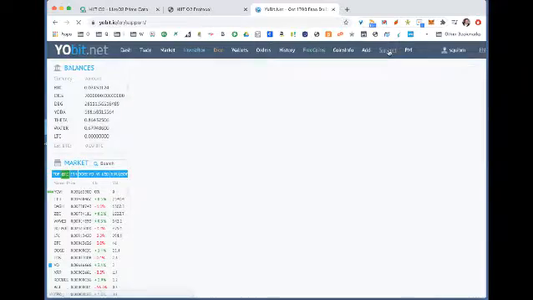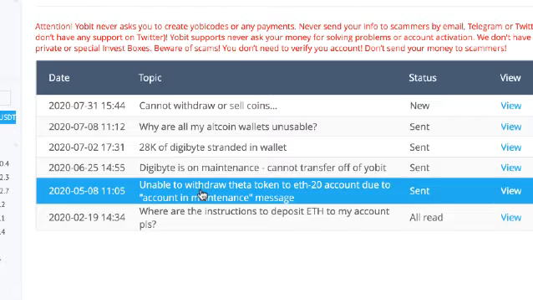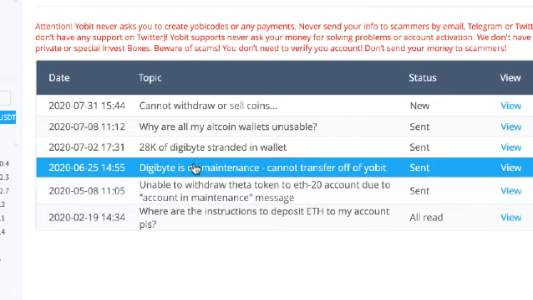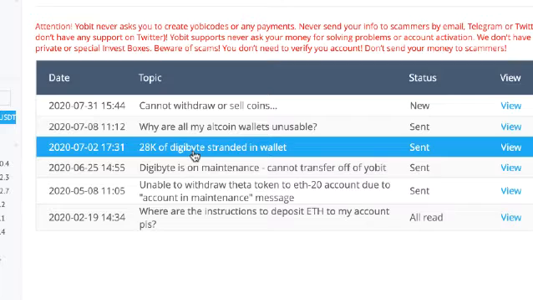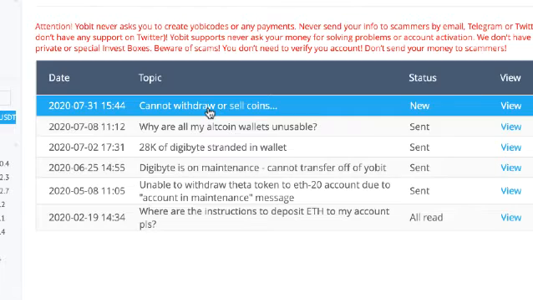I have been working on this since my first support issue relating to maintenance mode was May 5th, May 8th, and since then, June 25th, July 2nd, July 8th, and now we are on August 4th.